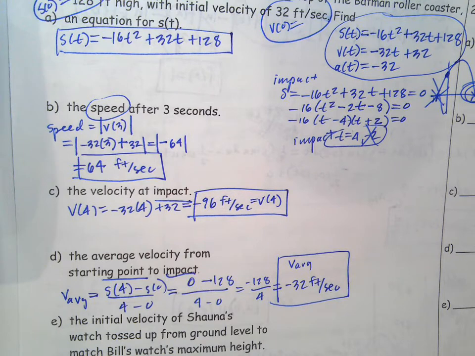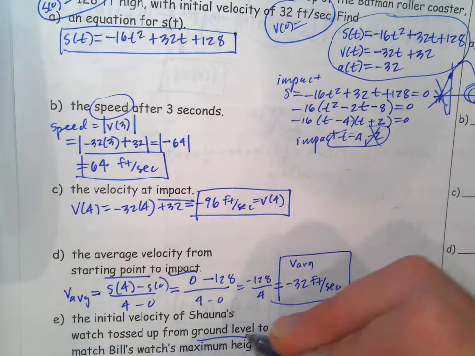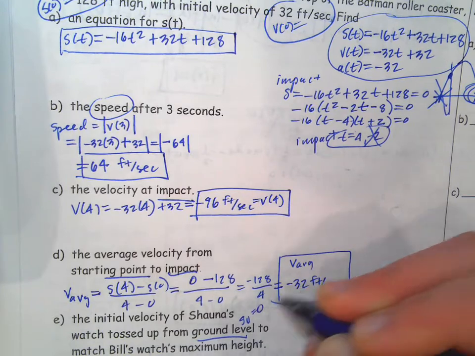Now this says initial velocity of Shauna's watch tossed from ground level to match Bill's watch's maximum height. Well, let's see. So this is a different problem. We're going from ground level. So that means S dot equals 0.